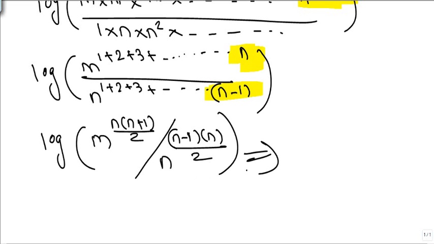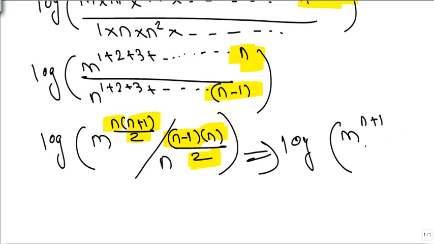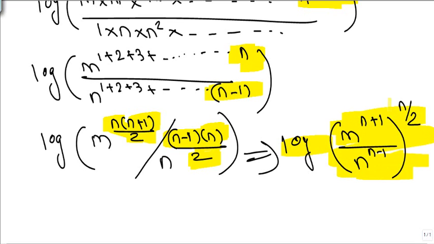So now if you check, n/2 will come in both, but here the term is n plus 1. So log m raised to n plus 1 divided by n raised to n minus 1, the common value in both was n/2, and it has gone up. So what we get, this is the answer.